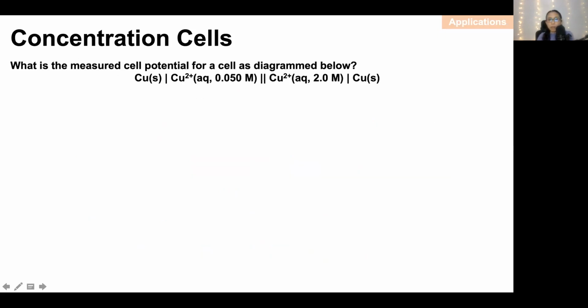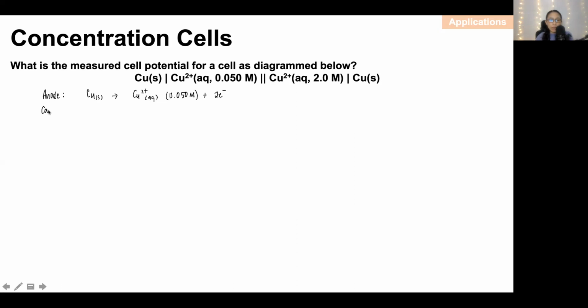So you have a concentration cell made of copper electrodes. So para masanay lang ulit tayo, class, ano ang nasa anode natin? You have solid copper transformed into copper 2 ions whose concentration is 0.050 molar plus 2 electrons.